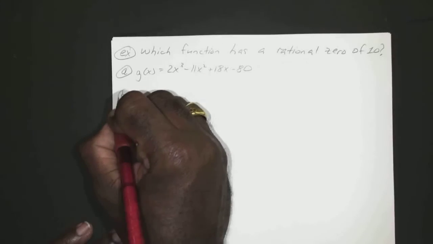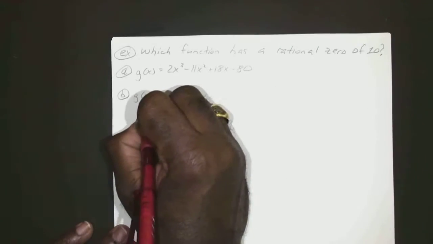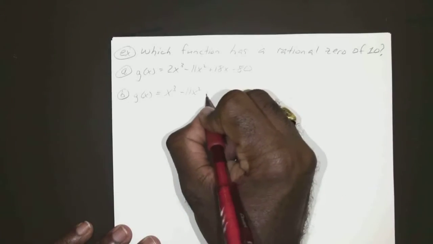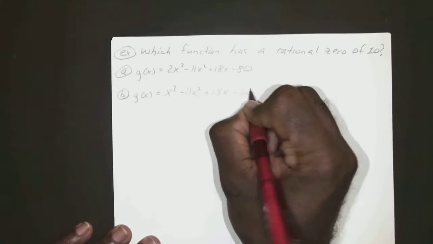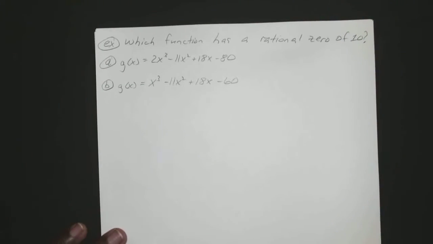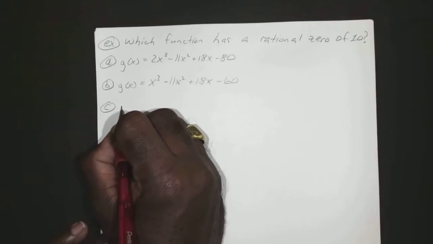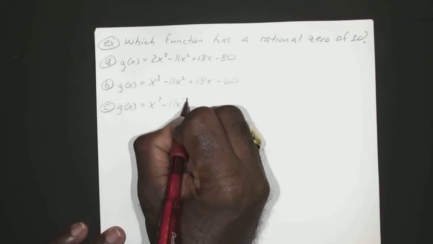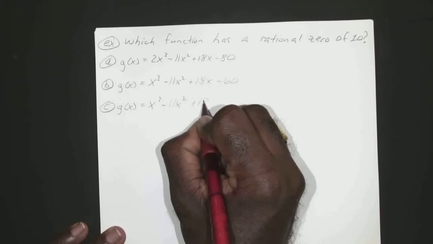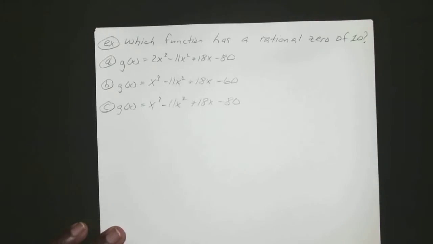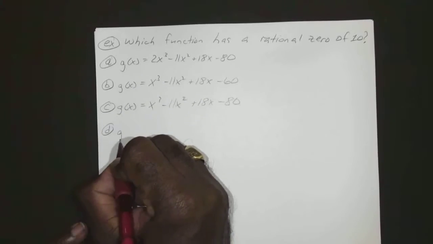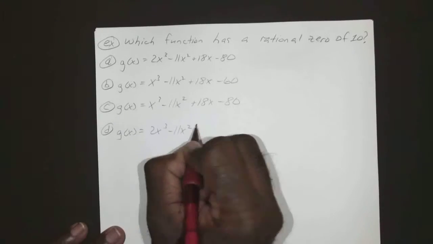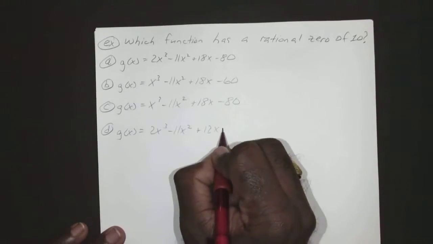Let's say for function b, we have g of x is equal to x to the third minus 11x squared plus 18x minus 60. For function c, we have g of x is equal to x to the third minus 11x squared plus 18x minus 80. And for d, we'll let g of x equal 2x to the third minus 11x squared plus 12x minus 60.